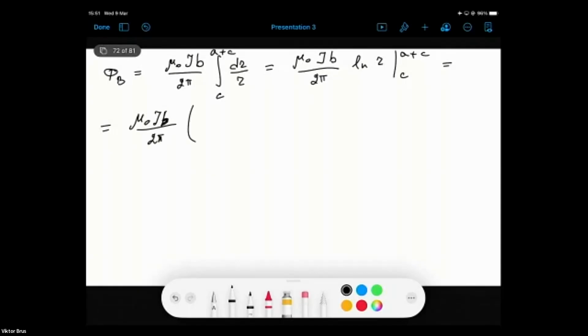And here we have the natural logarithm of A plus C minus the natural logarithm of C.